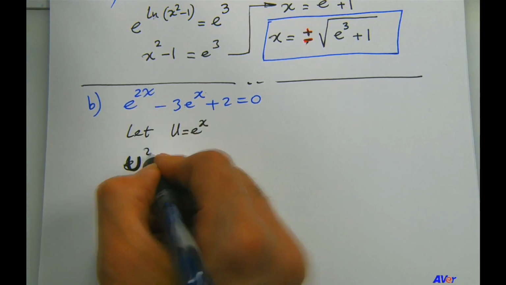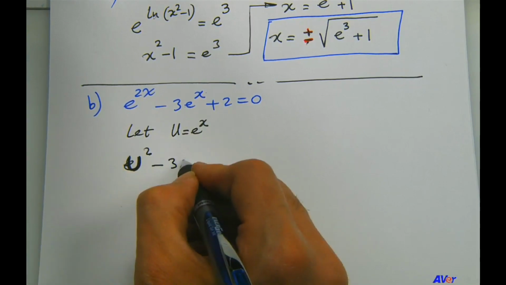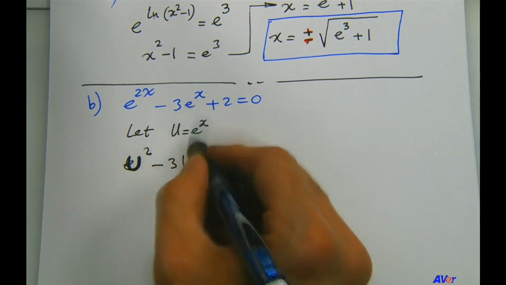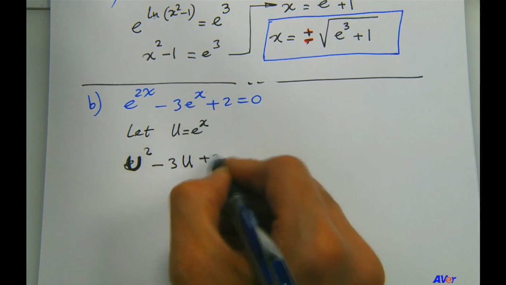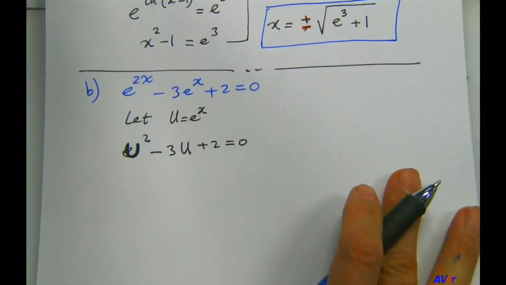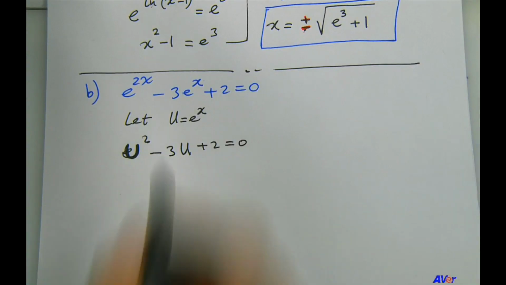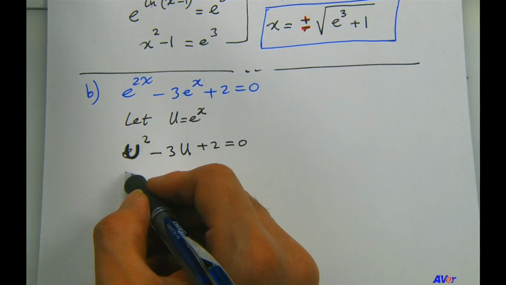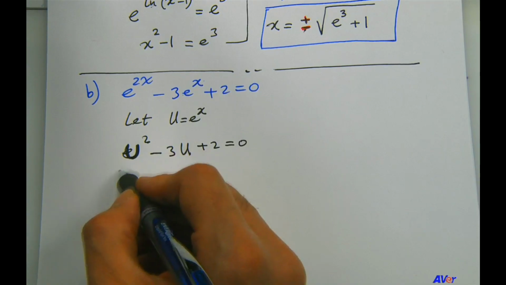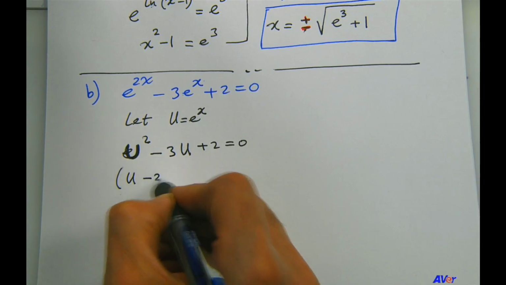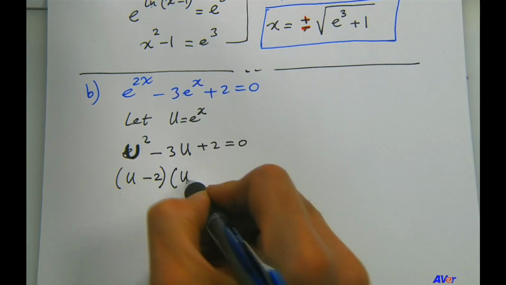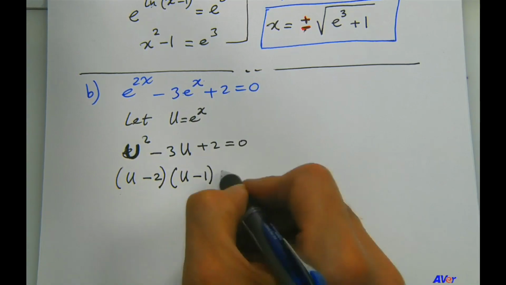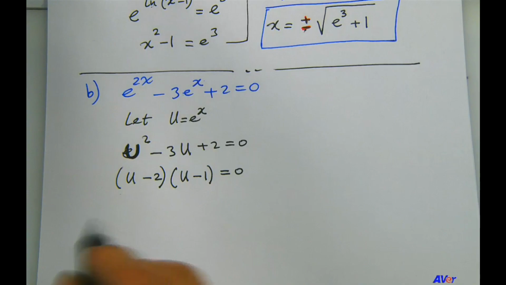So u squared minus 3 times u, instead of e to the x, plus 2 equals 0. Okay, great. So this is a quadratic equation. Now, can we factor this? Yes, we can. So we can write u minus 2 times u minus 1 is equal to 0, right?